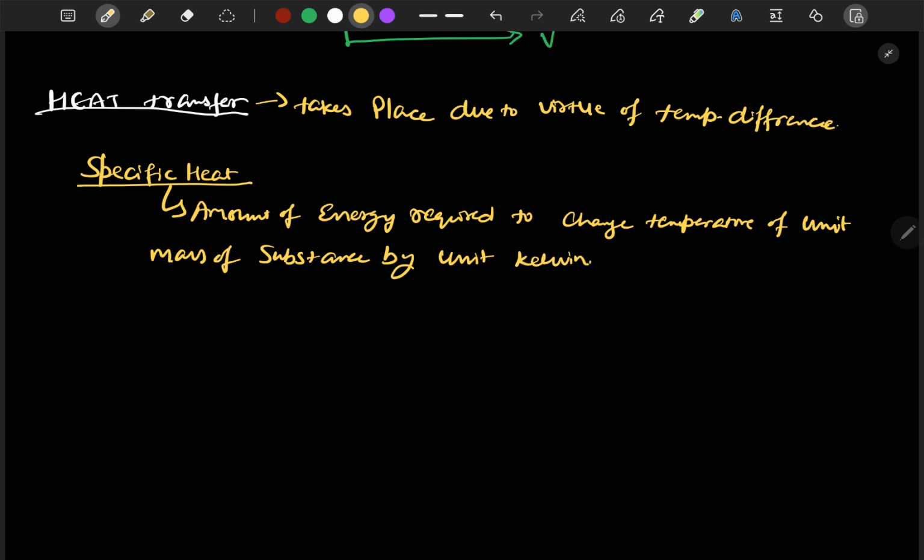So the amount of heat required to raise the temperature of unit mass of substance by a unit Kelvin is called specific heat.